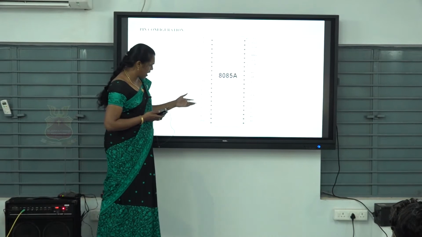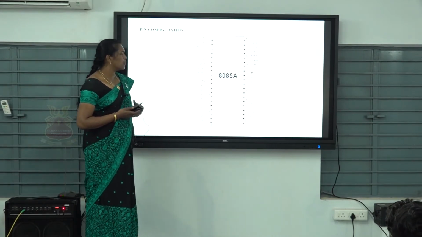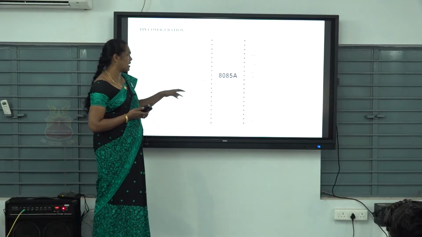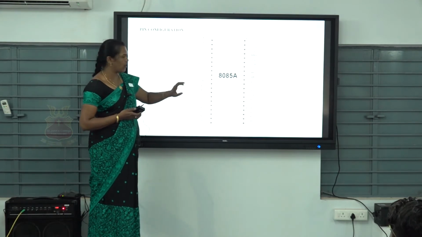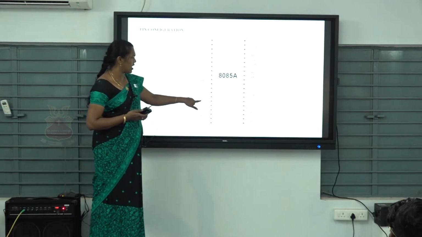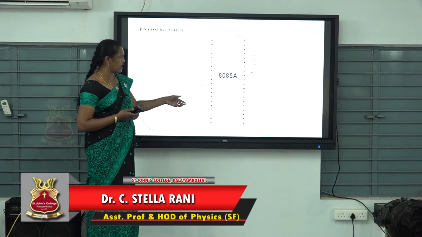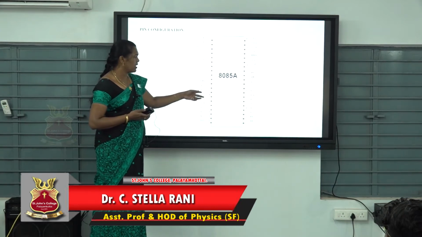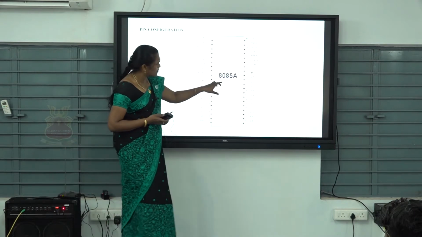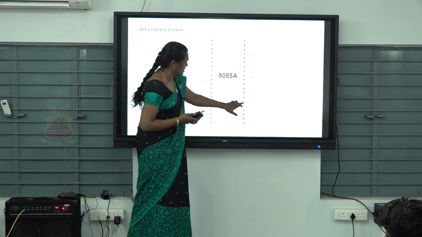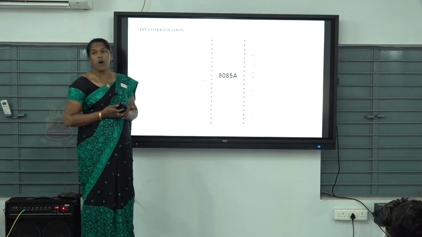Then here we have the pins AD0 to AD7. These are dual-purpose multiplexed address and data pins. A denotes address, D denotes data. Okay. A0, A1, A2, A3, A4, A5, A6, A7 are the low order address pins. Here the pins A8, A9, A10, A11, A12, A13, A14, A15 are the high order address bus.